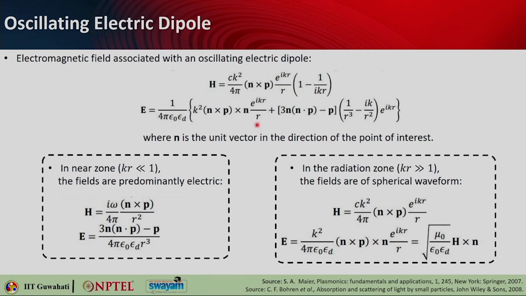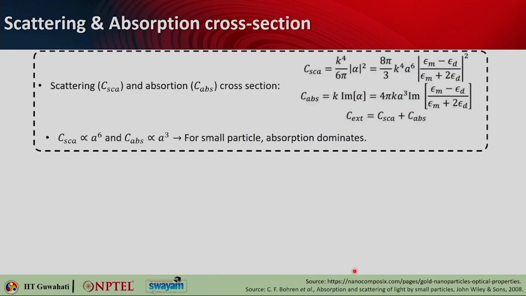So, if you put these two conditions, in the near zone kr is much less than 1, in the radiation zone kr is much greater than 1, you can find that the field in the near field is mainly electric, whereas in the radiation zone or the far field zone they are of spherical waveform.